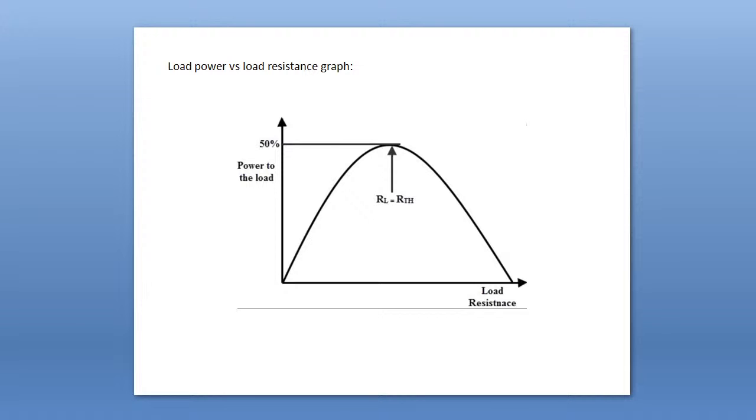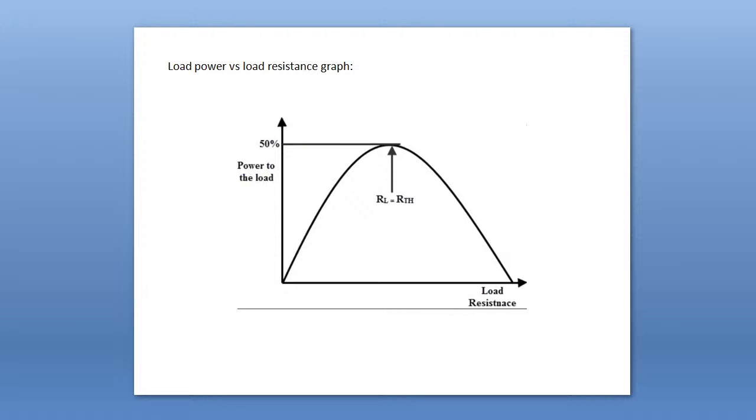Therefore you will get a symmetric curve about load resistance equal to Thevenin resistance RTH. So I suggest you do the experiment and write the value of RL for which 50% power or maximum power will be delivered from source to load.